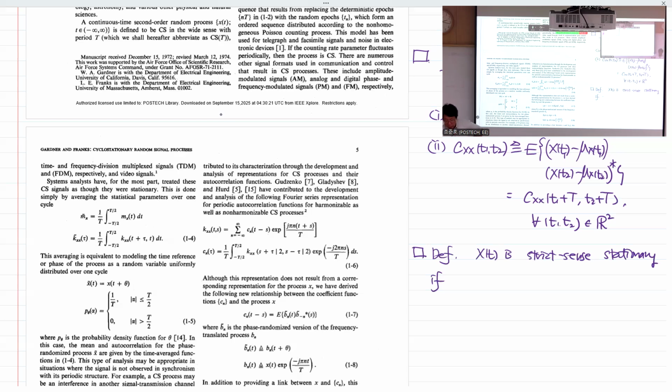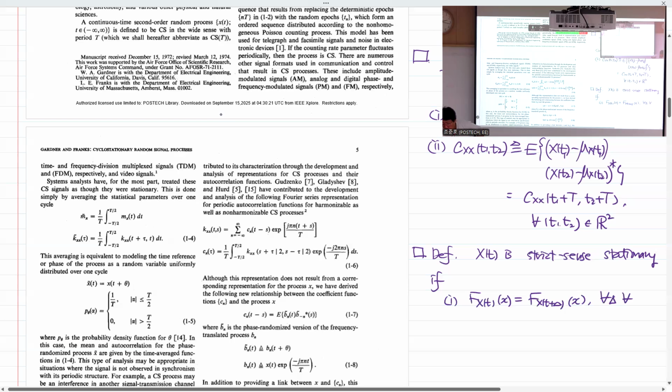So first, the first order CDF is what? Does not change for any translation of the origin.